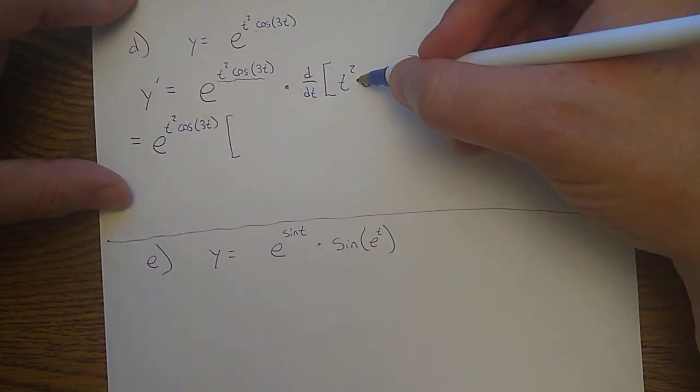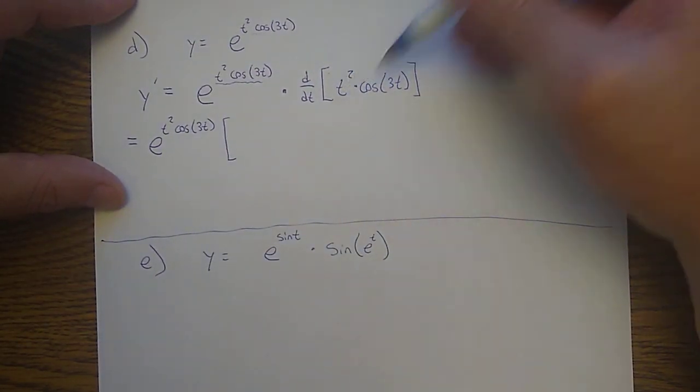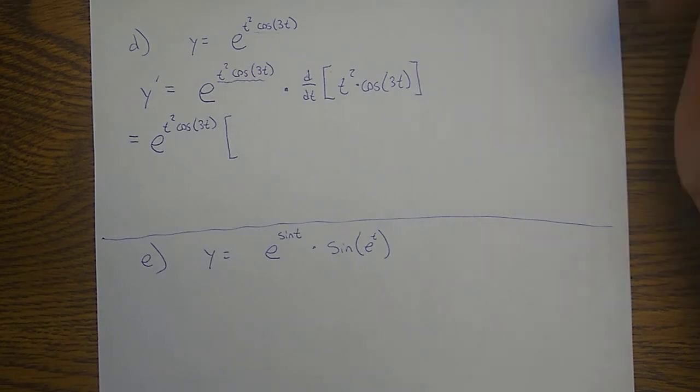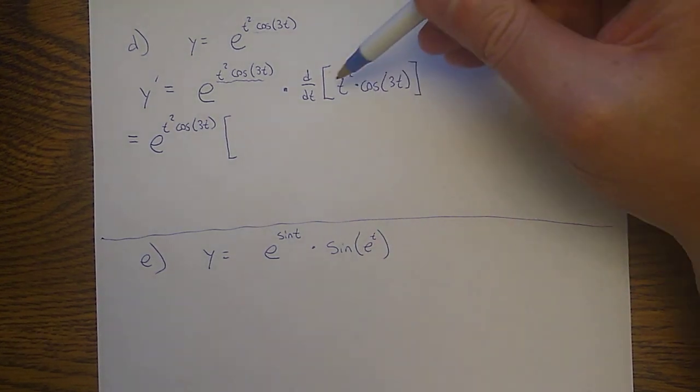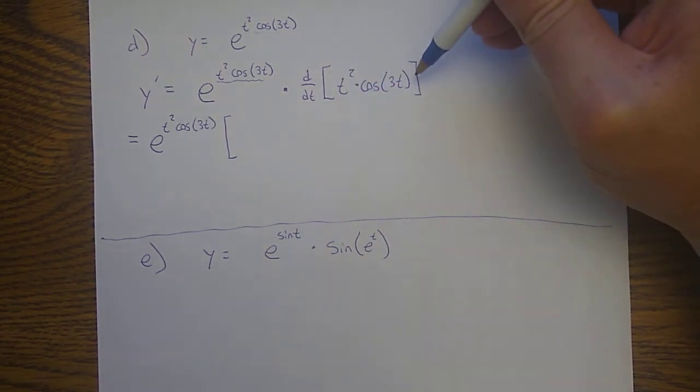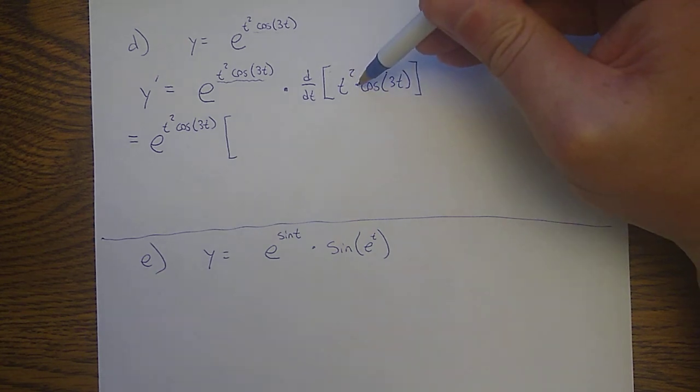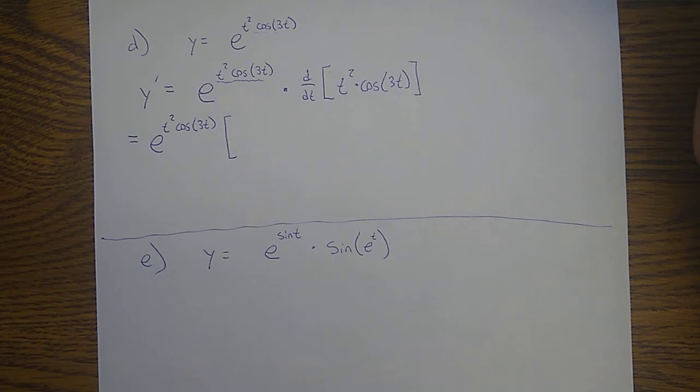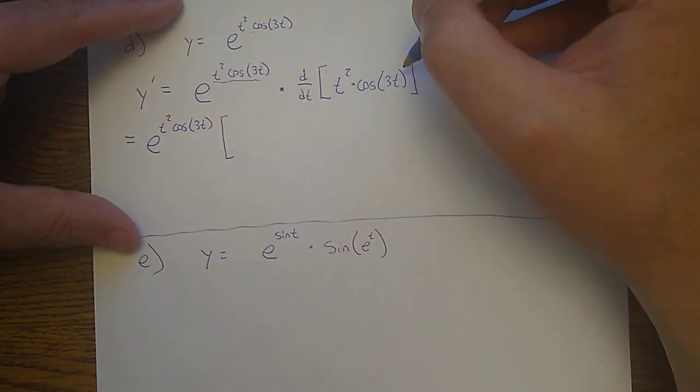So now I can narrow down what I want to call my big picture now. I look at what I want the derivative of, and I see a product. I see t squared times something else. So I'm about to use the product rule. So how does this go?